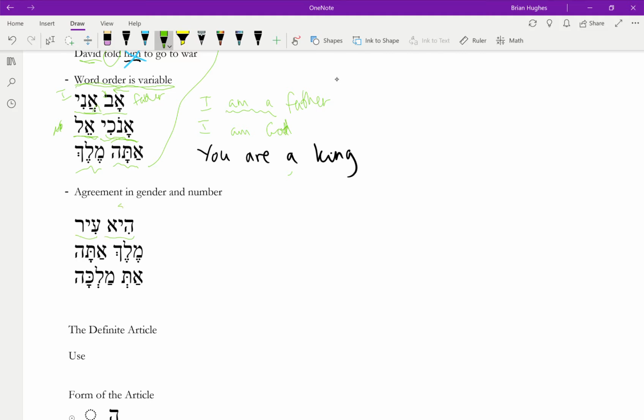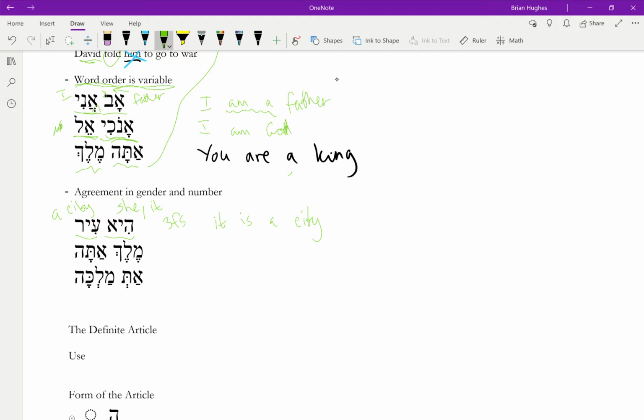We have she or it, so this is our third person feminine singular personal pronoun. And here we have ir, which is a city. So we might say it is a city, perhaps as an answer to the question of what do I see on the horizon. Oh, it is a city.